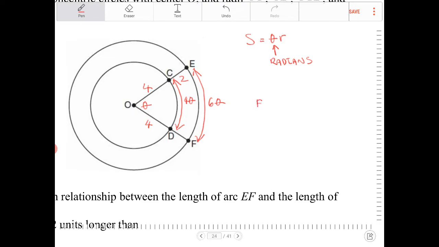If I take EF to CD, it will be 6 theta over 4 theta. The thetas cancel, and 2 goes into both 6 and 4, so I'm left with 3 over 2. Or the flip side of this is also true. The ratio between CD to EF will be 2 to 3, right?